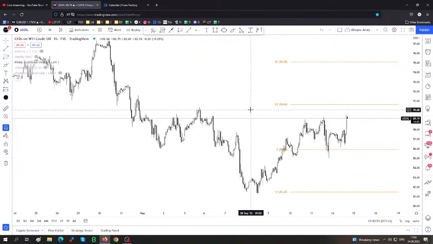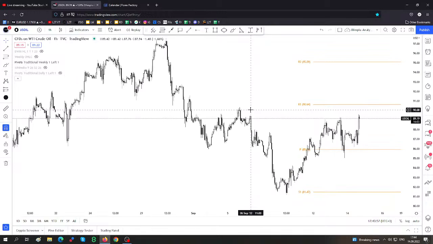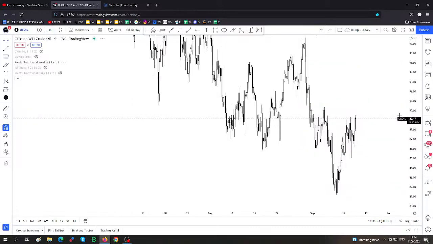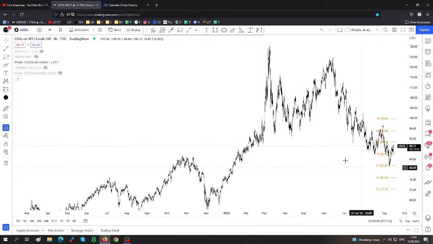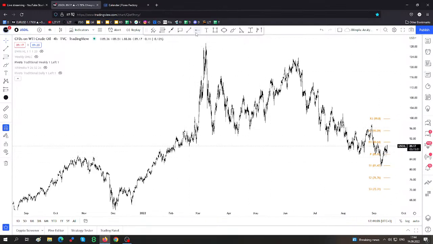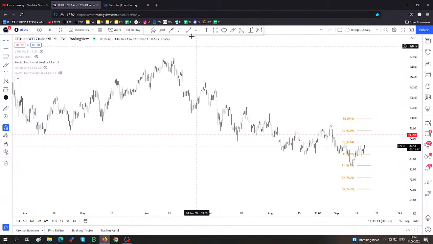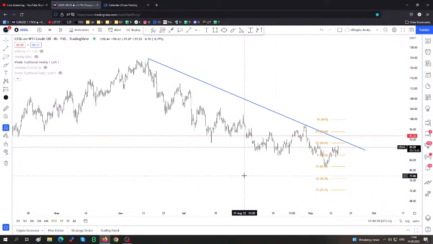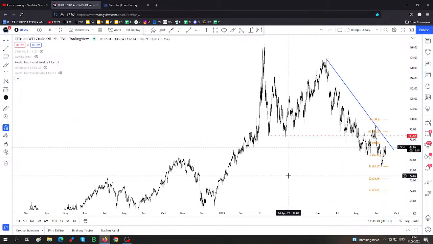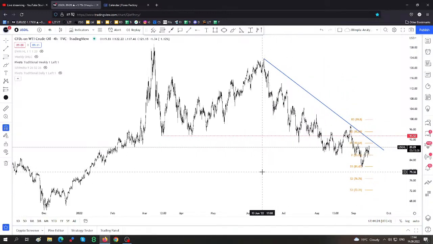But right now, in the short term, the US oil is still bullish, as you can see here. Personally, I don't have a setup here. I've deleted my drawings and I will use this key level as resistance. So right now, no, I don't want to do anything here on US oil.